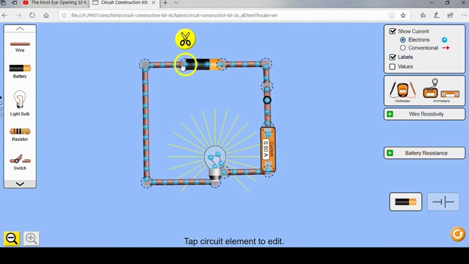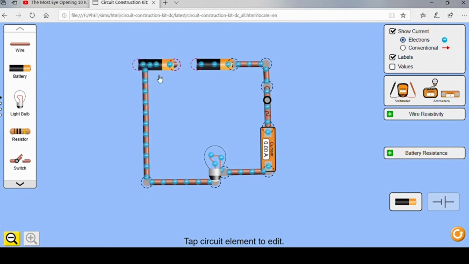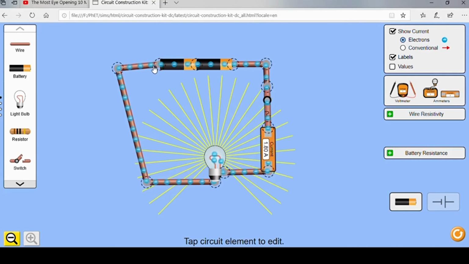For example, if I open up this part of the circuit and introduce another battery, you see that the speed of the electrons has actually increased, and also the brightness of the bulb has increased. All right. In the same vein, if I take it to conventional current, you see that the rate at which the arrows of conventional current are moving has actually increased.